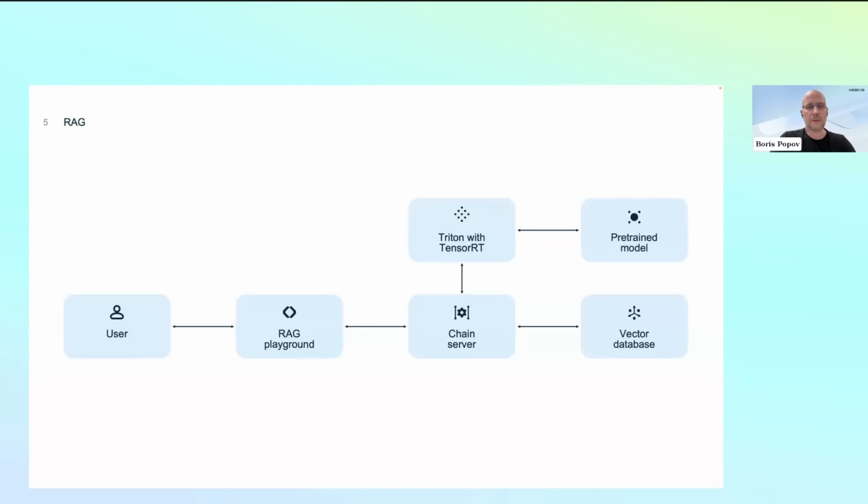Then the augmentation step is where the retrieved information is combined with the original query to form an augmented input. Then we get to the generation step, where we are going to use a combination of Triton Server with TensorRT engine. The augmented input is fed into the language model, which generates the final response, and then we get this response to a user.